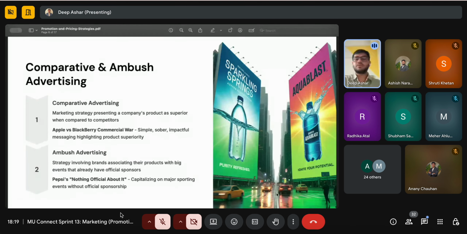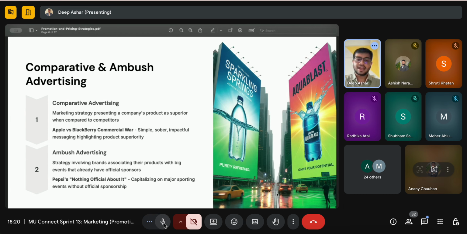Recently there was Dove versus Sebamed, where they will not directly take the brand's name, but in some shape or form or using colors, they'll try to communicate how their product X is more superior to product Y. It usually happens using billboards and ad films, like BMW versus Audi, directly targeting that brand and claiming how your brand is superior. This is part of comparative advertising.